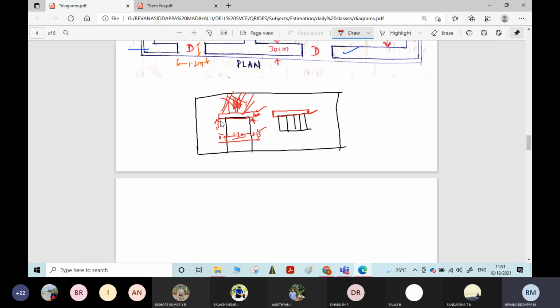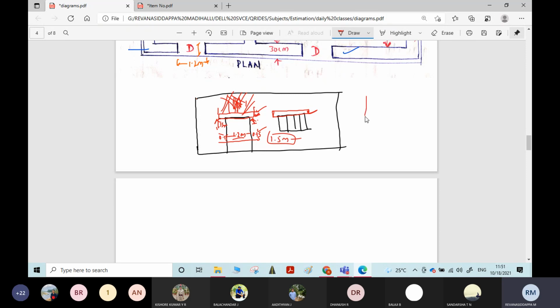Around 15 centimeter bearing on either side, so the total length of the lintel beam will be the door opening 1.2 meter plus 0.15 meter bearing on either side. So 1.2 plus 0.15 plus 0.15 gives 1.5 meter as the total length.